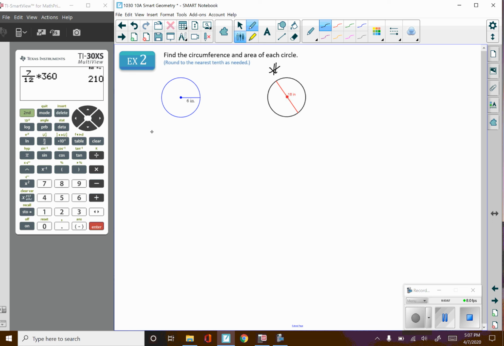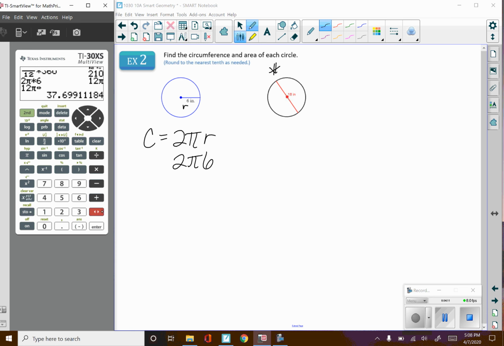So for this first circle, we have a radius of 6. So the circumference would be 2 pi times the radius, which is 2 pi times 6. On this little calculator, it will usually give you your answer in terms of pi. So if you use the converting button right there, it'll give you the decimal. So our circumference is 37.7.